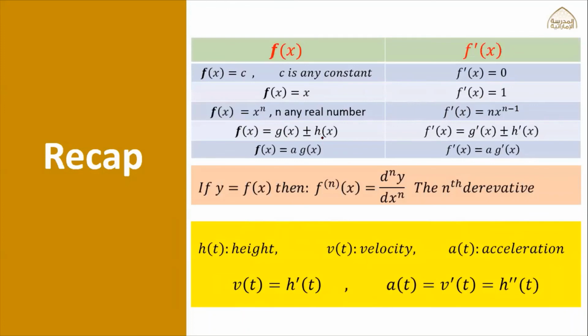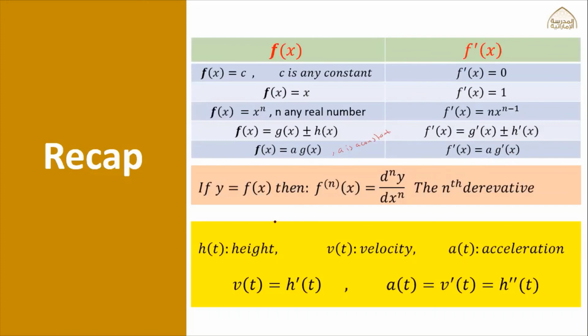If we talk about addition or subtraction between two differentiable functions, f prime of x equals g prime of x plus or minus h prime of x. Also, if f of x equals a g of x, where a is a constant, then f prime of x equals a g prime of x.